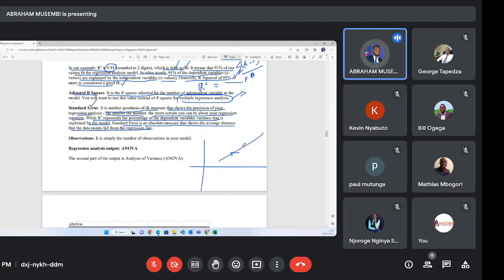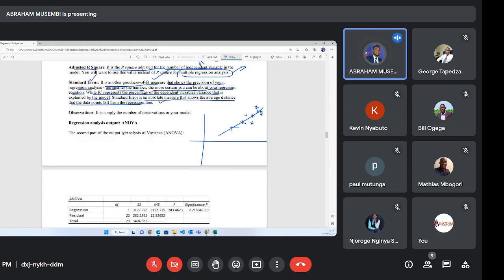So of course we have some points here which fall just off the regression line. The distance between these points and the regression line is what we are calling the standard error. And the smaller the standard error, the better your model is. That's why we are saying it's another test for goodness of fit.